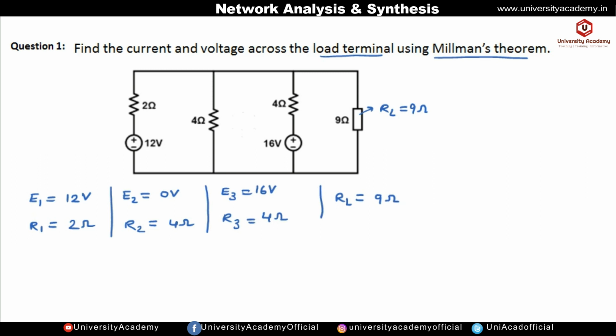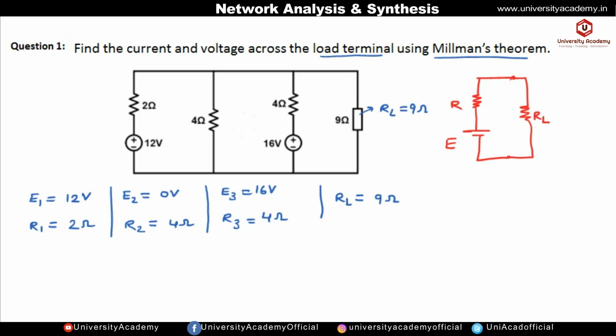So now this can be replaced by a single voltage source which will be connected in series with a resistance. So this is voltage E and resistance is R, and it will be connected in series with the load resistance whose value is 9 ohm.